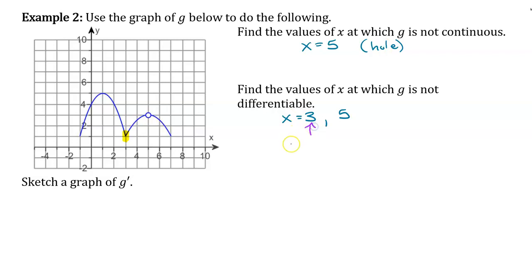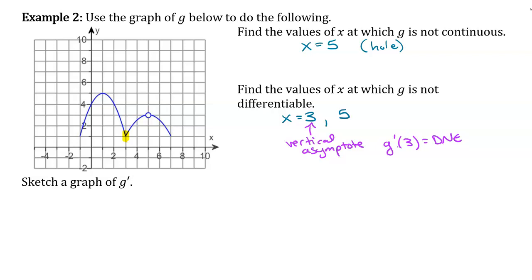When we have a vertical asymptote, it is not differentiable. The derivative does not exist. Why? Well, that's because the limit does not exist. The limit as you approach from the left and the right don't equal each other. So the derivative itself will not exist. Pardon me.